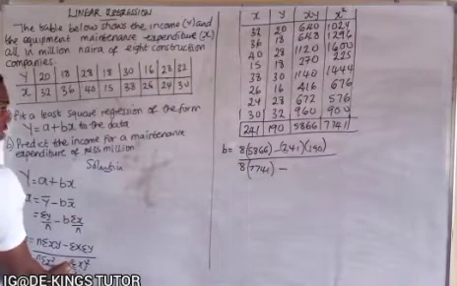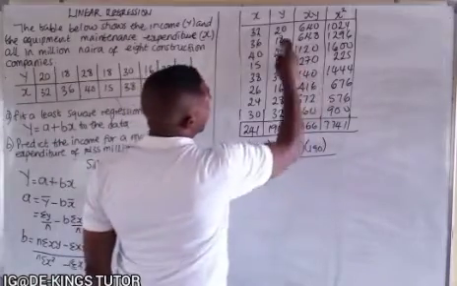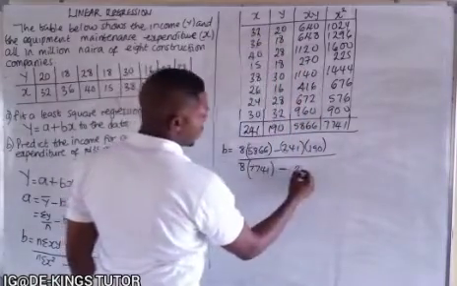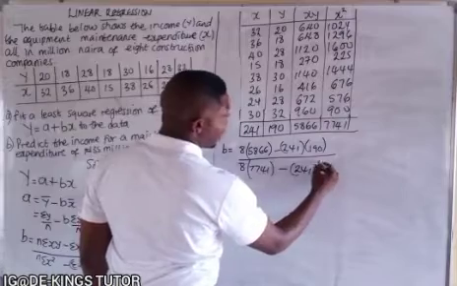So we're going to get summation x first. This is summation x, that is 241 all squared.